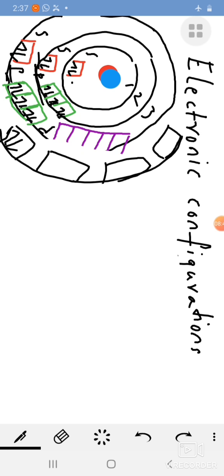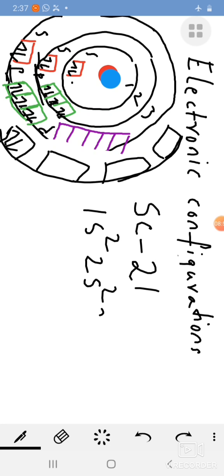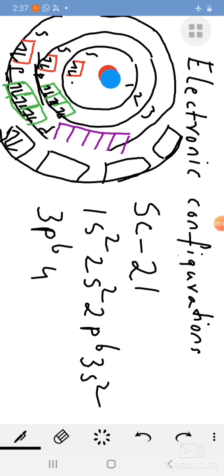That's the first d block element, that is scandium. Its atomic number is 21 and its electronic configuration is 1s2, 2s2, 2p6, 3s2, 3p6, 4s2. Calculate how many electrons are completed.